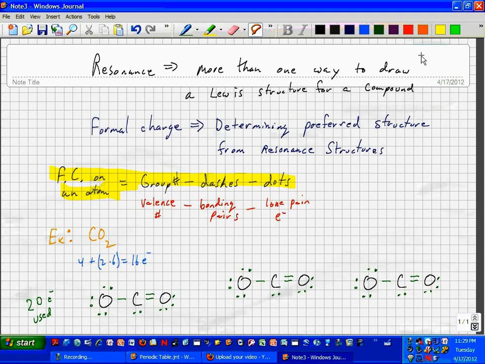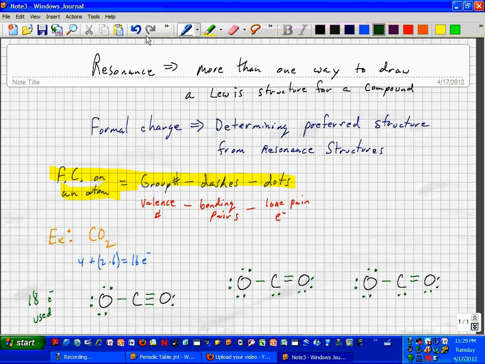At this point, I've got this down to 18 electrons. Let's see here: 2, 4, 6, 8, 10, 12, 14, 16, 18. Yes, 18 used, and I only had 16 available. So I'm going to take 2 more off the central and 2 more off of this oxygen and put in yet another bond.